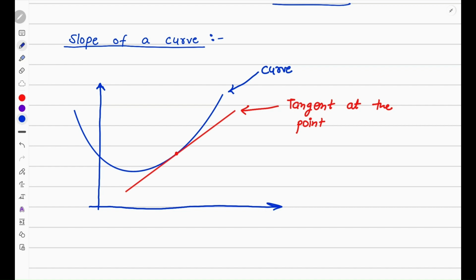So the slope at this point, we can take this point P. This is a curve, and this is the x-axis, this is the y-axis. So this tangent represents the slope of a curve at this point.